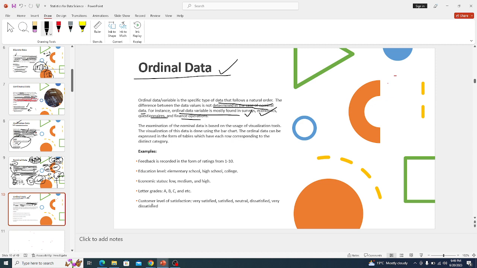So customer satisfaction can be categorized as very satisfied, satisfied, neutral, dissatisfied, and very dissatisfied. So you can see it can be categorized, and in this categorization, it is following a natural order.